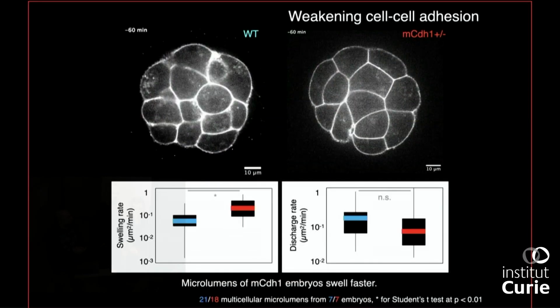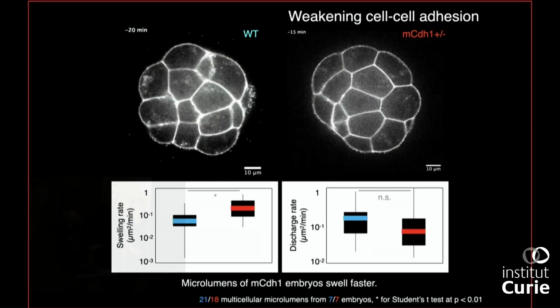What we would also expect is that if you were to weaken adhesion, then the fluid would have an easier way of breaking in and opening the lumen. And so we used a mutant for E-cadherin, which lacks the maternal allele, but it still has a paternal allele. And that's enough adhesion to make a blastocyst, but it has less E-cadherin in total.